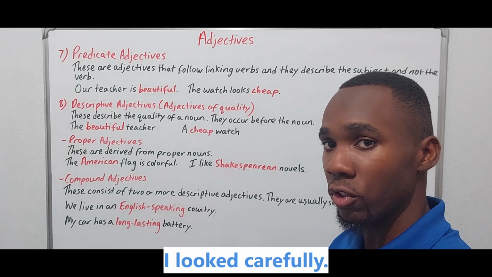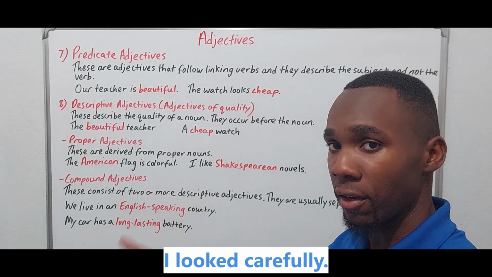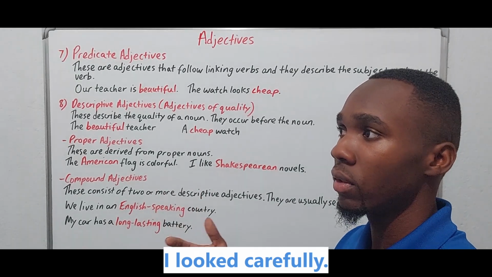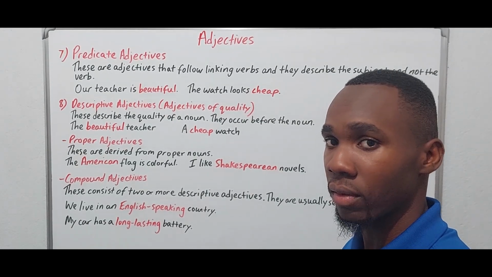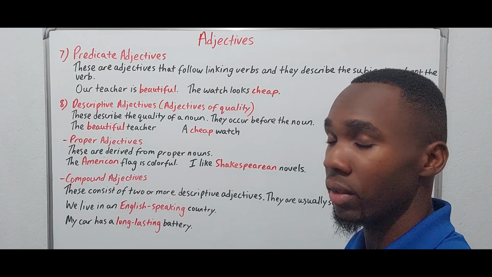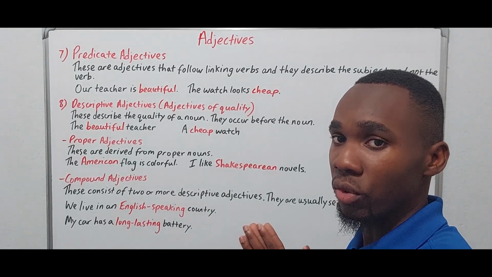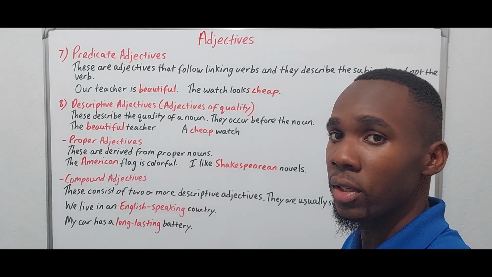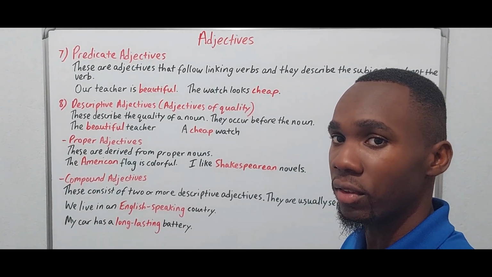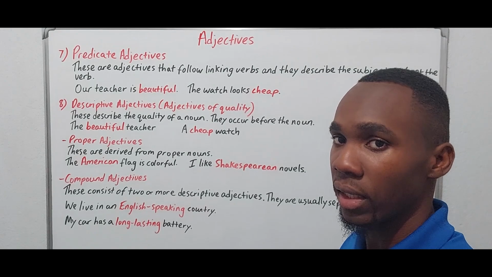So you see, we have to use an adverb there because looked is an action in that context. But if we're using look as a linking verb, then we're going to use an adjective. But once again, please check out that video because that explains the differences between action and linking verbs, right?